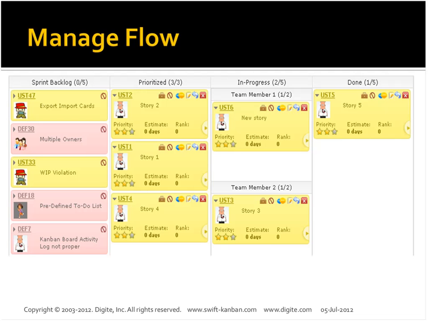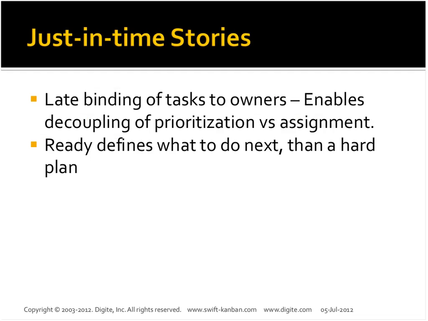This is similar to just-in-time inventory that you've heard of, just-in-time stories. It helps you get better value out of whatever iteration scope you're taking up, because ultimately the customer is deciding what value he's going to derive from each story. So if he's prioritizing something, you could always pick it up because it doesn't hamper your overall flow.